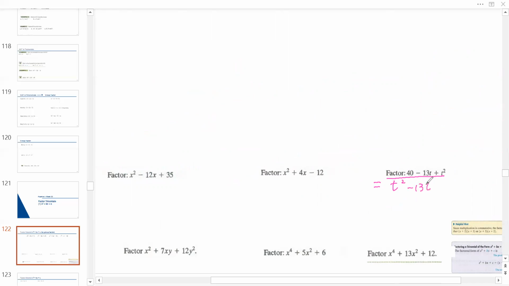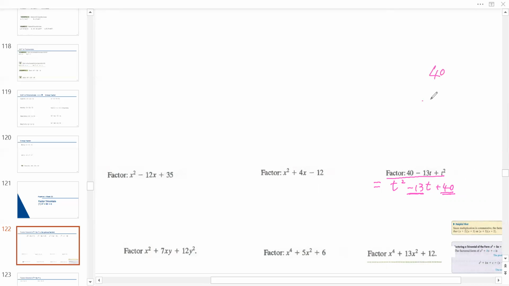Make sure to write it into this kind of format. So the C is 40. And the sum of the factors is -13. So you guys think about it: 40, what factors of 40? The two factors, the sum of the two factors will be -13.